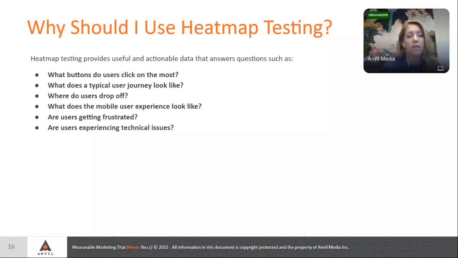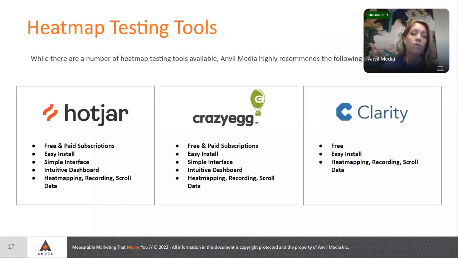We can understand if they are experiencing technical issues, if somebody clicks on a button and nothing happens. That is an easy thing to understand from heat map testing. So these, again, are just some of the more common pieces of information that we can get from heat map testing, but we can get a much deeper dive around user behavior, user engagements. That's very helpful in the long run.